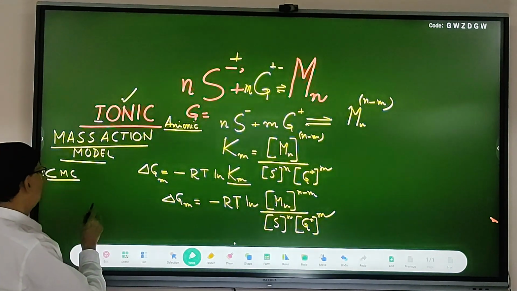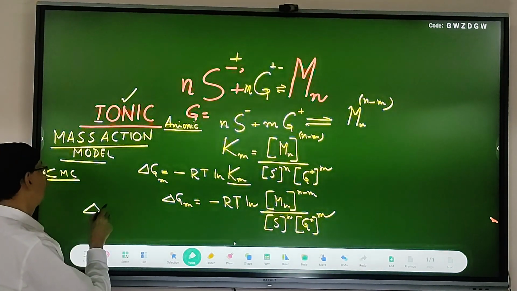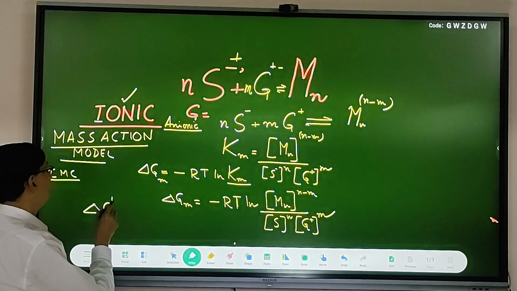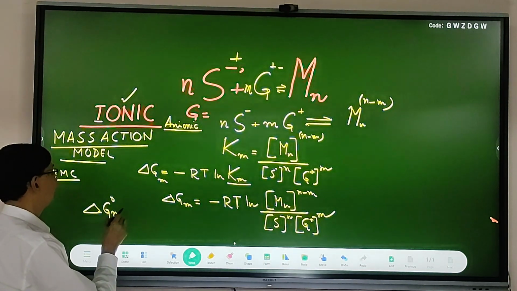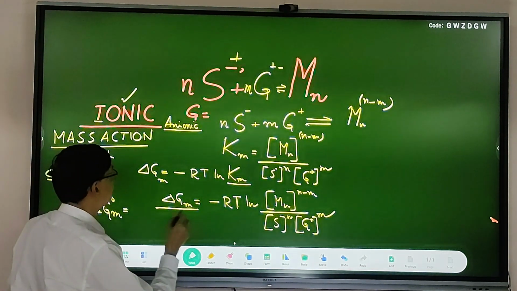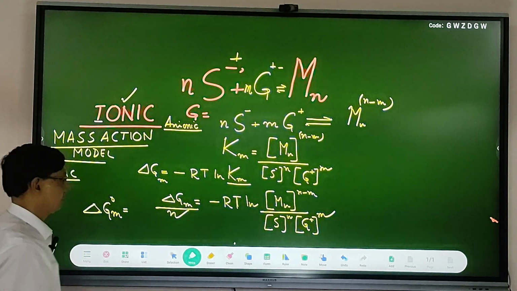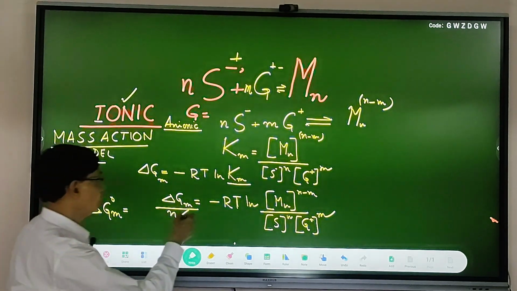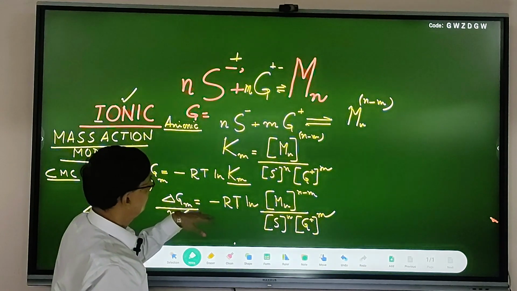So if I write like that, there are so many methods. Delta G standard of M is equal to, so you know what I should write?